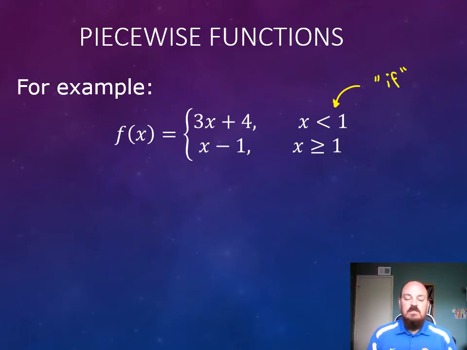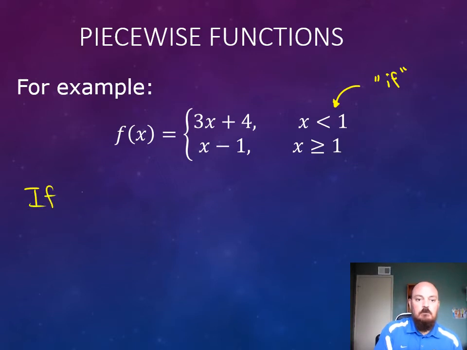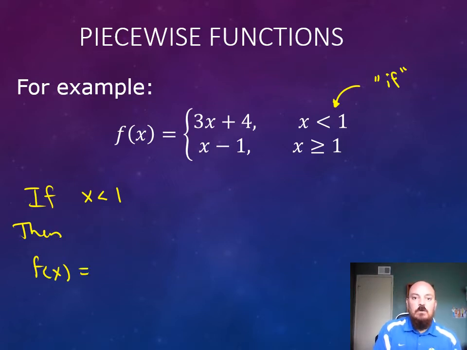So that top one says x is greater than 1. Oh, I'm sorry, it says x is less than 1. So what we're really saying is, if x is less than 1, then f of x equals that top equation, 3x plus 4.